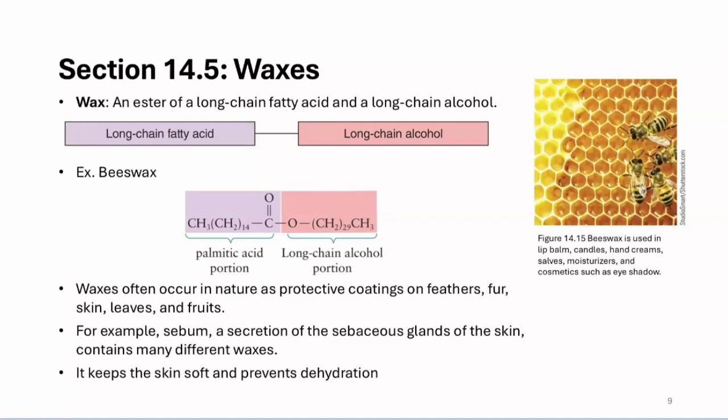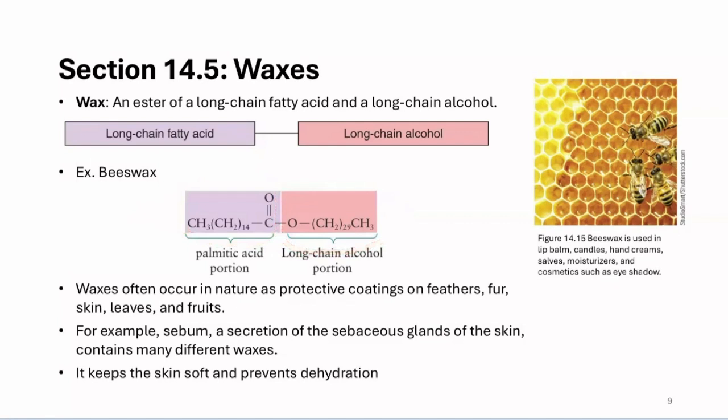And a wax is composed of a long chain fatty acid along with a long chain alcohol. As an example of a wax, here we have the structure of beeswax, and we can see the long chain carboxylic acid portion along with the long chain alcohol portion.